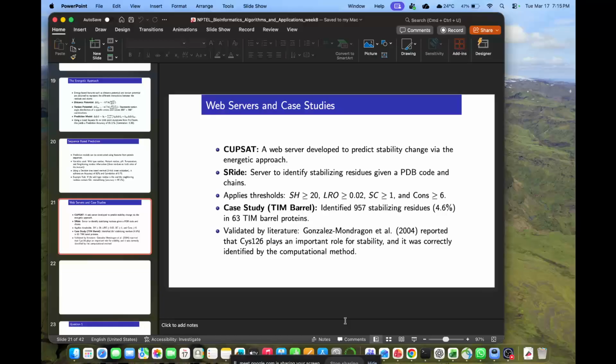Since it's a specific type of structure, a barrel protein, you cannot use the same cutoffs for, say, a transmembrane protein or some sort of globular protein. The structure is completely different, and the hydrophobicity, the long range contacts, everything will be different for different types of proteins. So this is specific for barrel proteins.